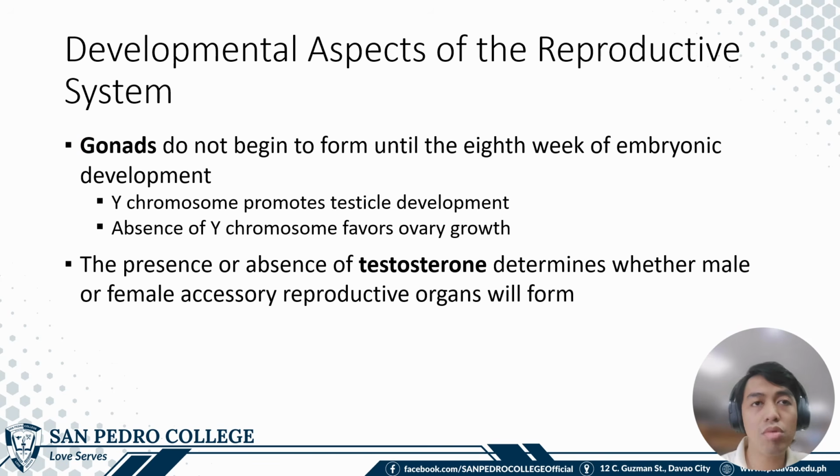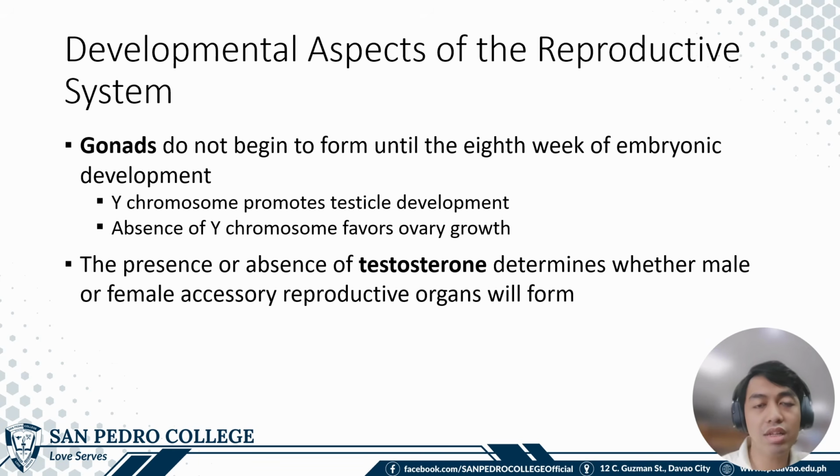The Y chromosome of the fetus will result in the development of the testes. If the fetus has no Y chromosome, in the case of having XX chromosomes, there will be no development of the testicle, and instead it will become the ovary.